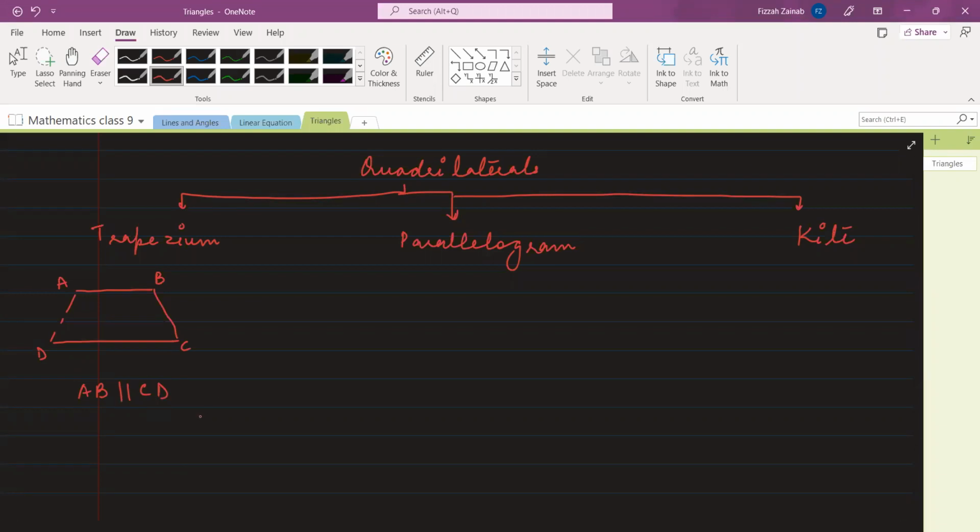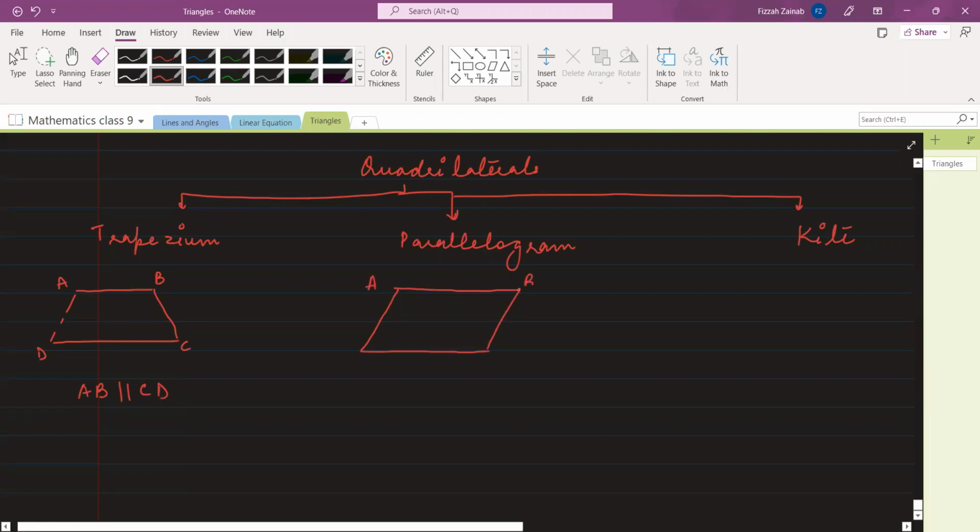Okay. Right. Now kite. In kite, what happens? Okay, first of all, in parallelogram, the opposite sides are parallel to each other. So it's a figure like this. If I call it A, B, C, D, so the opposite sides, AB is parallel to CD, right?